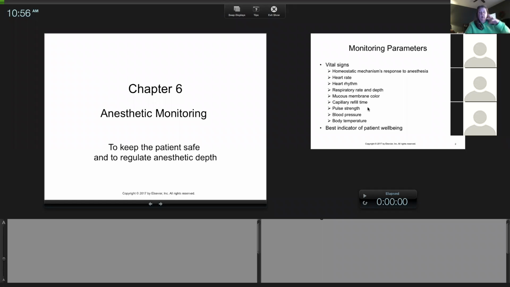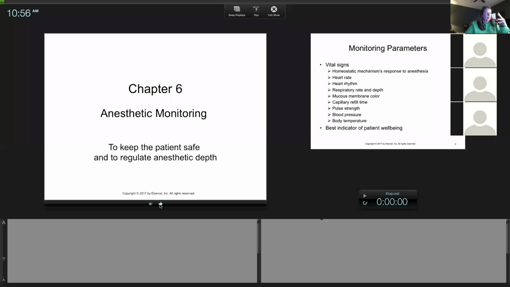But we could also do physiologic harm by having low blood pressure, low heart rate, high CO2, which also affects perfusion to the kidneys. So there's keeping the patient alive, but there's also doing it as safely and with as minimal effects as possible so that we don't have problems down the road.